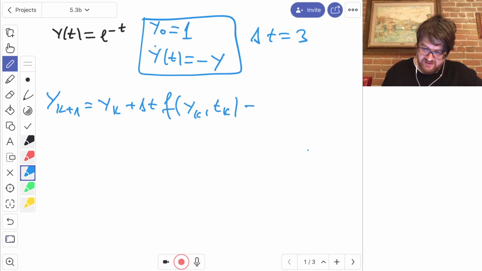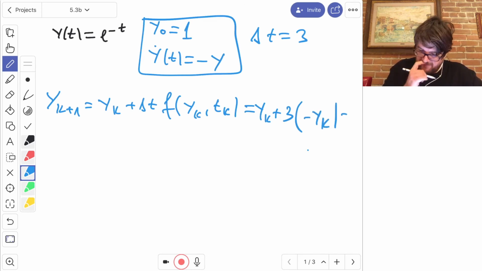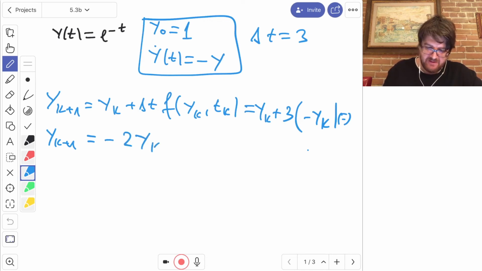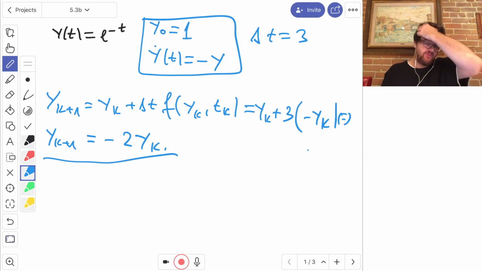This is equal to yk plus 3 times, and f is just minus yk, right? So the equation we get is yk plus 1 equals minus 2 yk. I do this simplification so I can compute y1, y2, y3 much faster.